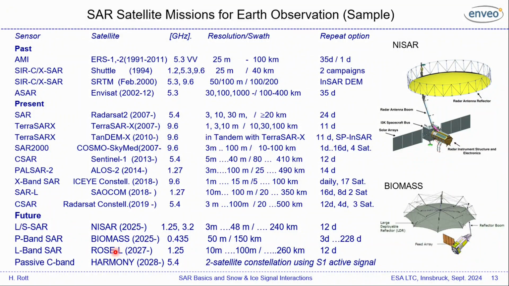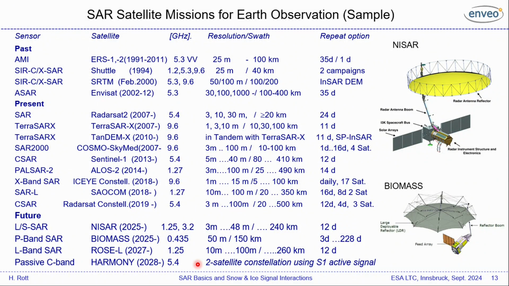Then within the Copernicus program, an L-band SAR will come up, ROSE-L. I think it's now scheduled for 2027 or maybe 2028 in L-band, complementary to the Sentinel-1. So then we have, with a similar orbit, which is quite interesting, this dual frequency, also very interesting for ice, sea ice, but also for other applications. And then the passive C-band SAR, two satellite constellations, which will use the signal of Sentinel-1.